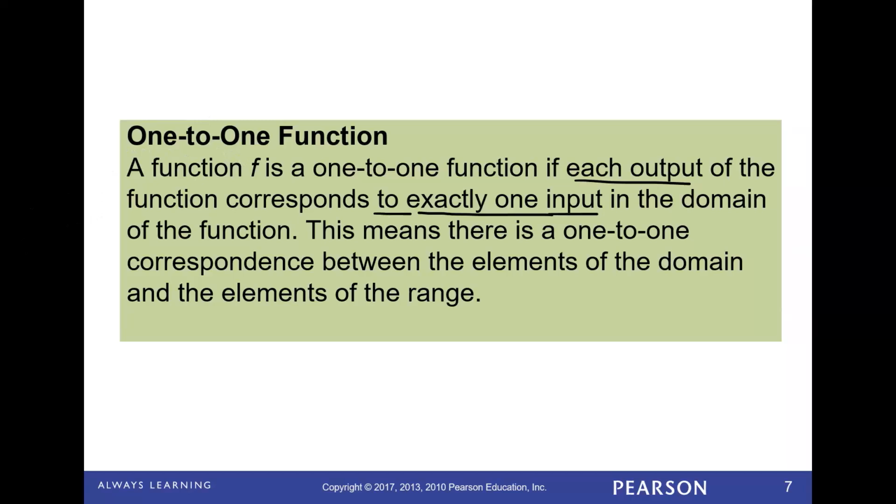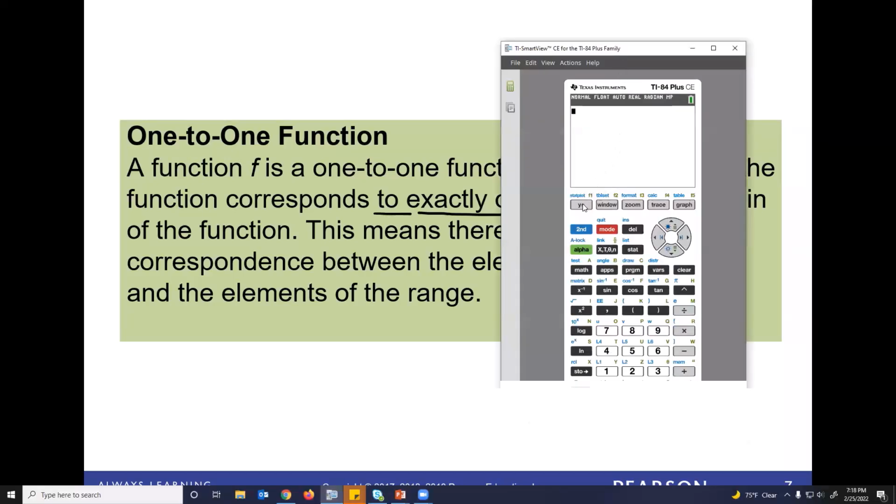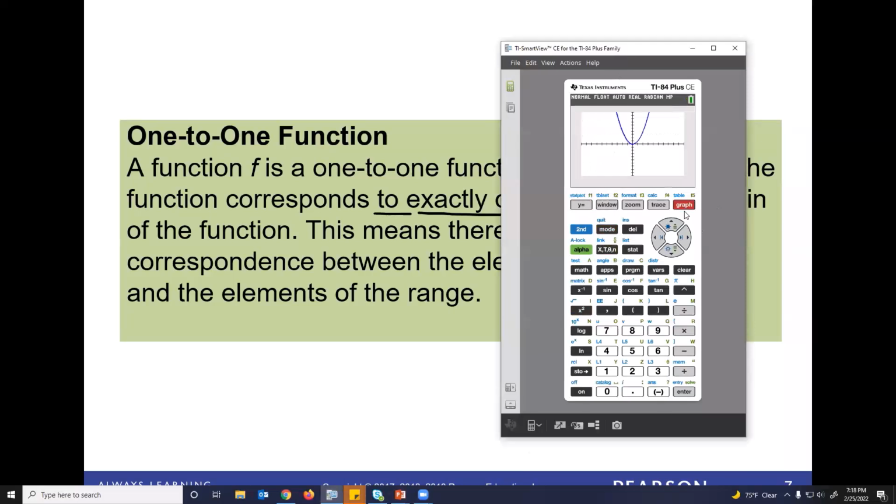Now, remind yourself that when we looked at functions early on, if I gave you a graph of, let's say, x squared, in order to determine if something was a function, it had to pass what we call the vertical line test. So I would take a vertical line, and that would mean it was a function. Now I'm talking about one-to-one functions, so it's something extra added on to being a function.